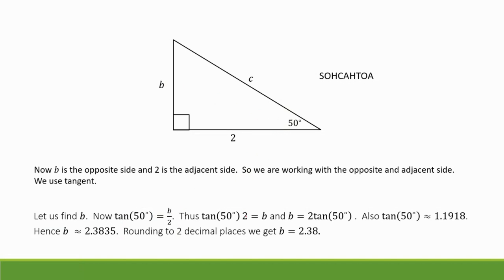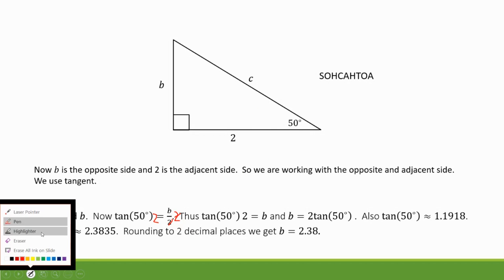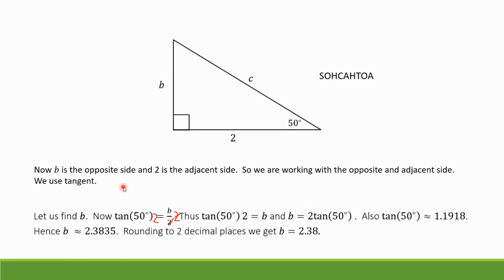We multiply both sides by 2. So these are going to cancel, and we're left with B equal to tangent of 50 degrees times 2. That's what we're left with.